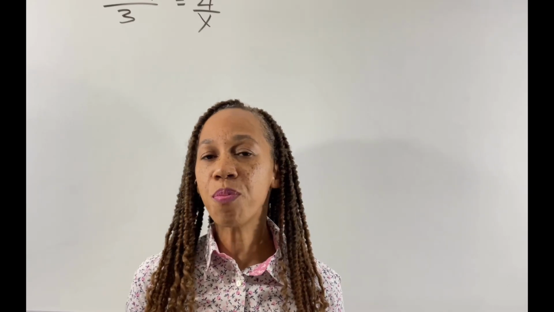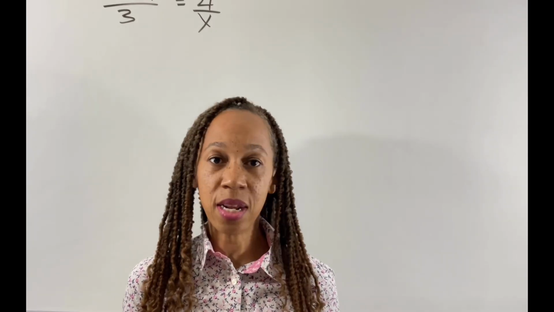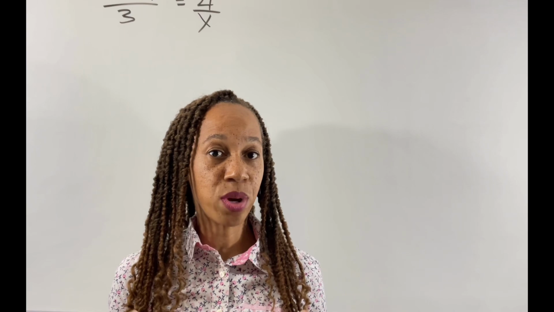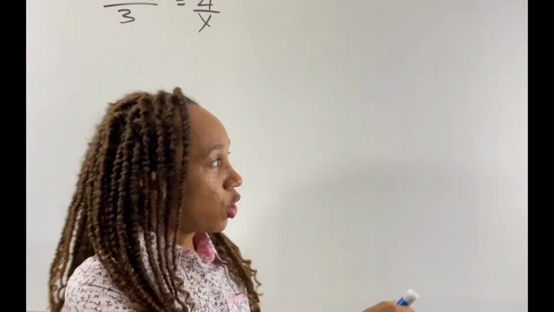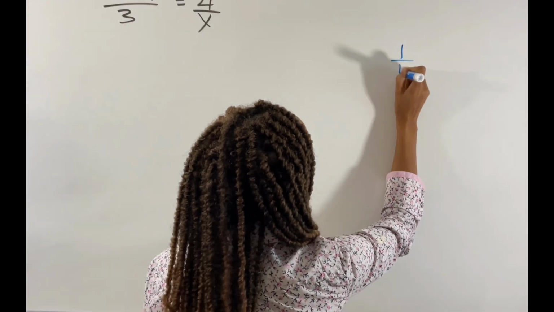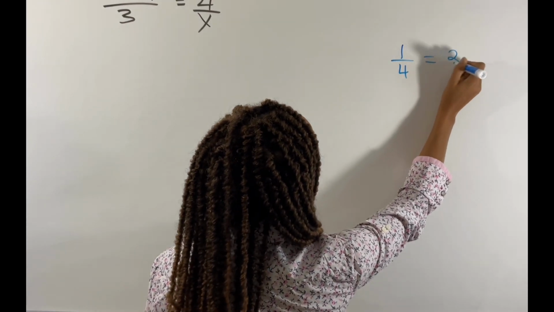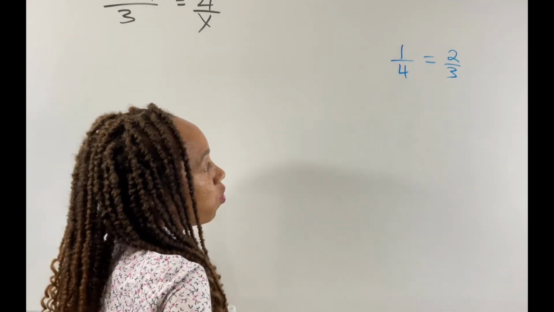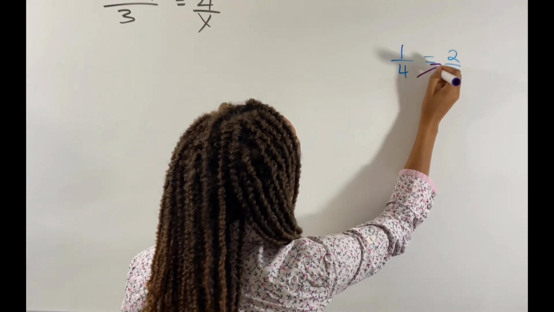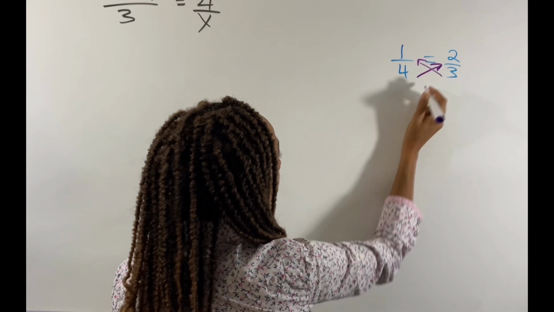And if you recall prior knowledge, when you were dealing with problems that had to do with proportions and you were given, say, a quarter, and I'm going to show an example here, a quarter is equal to, say, 2/3. In this case, what we usually do is cross multiply, and that is what we'll do here.